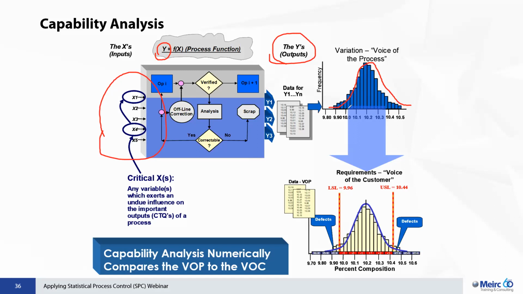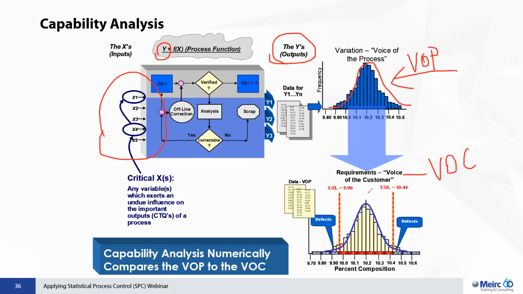Now, for the very simple example that we have here, we have a voice of the process, VOP, appearing here. And then we need to introduce to this chart what we call the VOC. So where does the VOC come from? Well, these are the customer requirements, specifications.